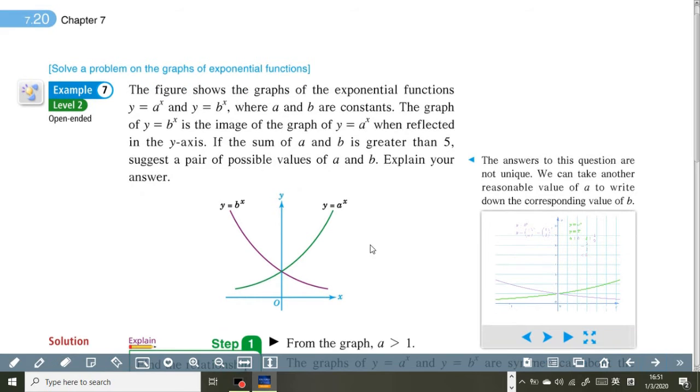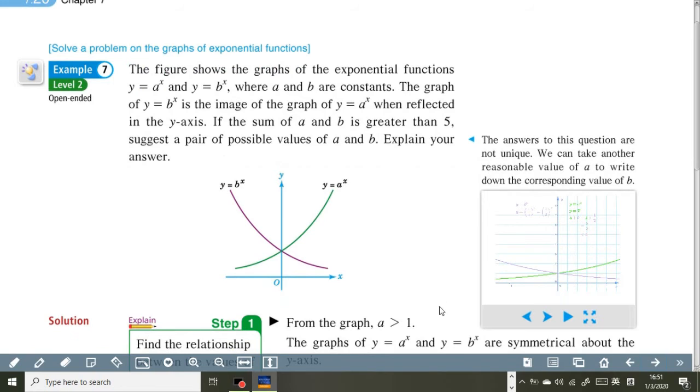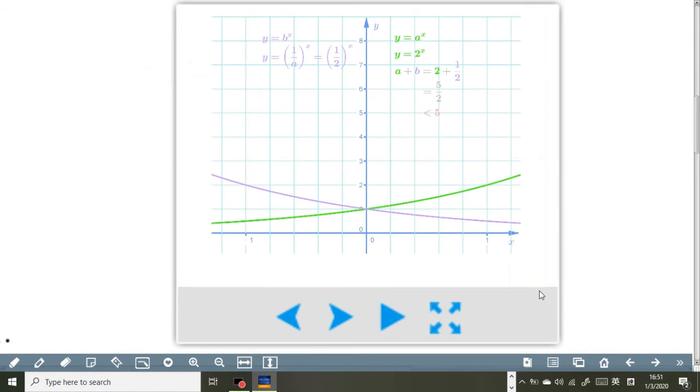The graph here is y equal to a to the power x, and this one is going upward, so I can be sure that a must be greater than 1. And b is an exponential graph which is going down, so we must be sure that b is less than 1 and greater than 0.